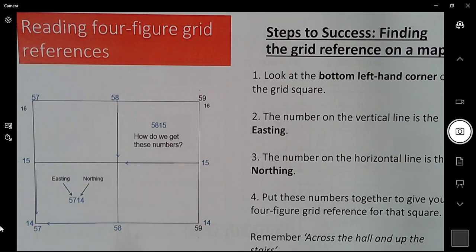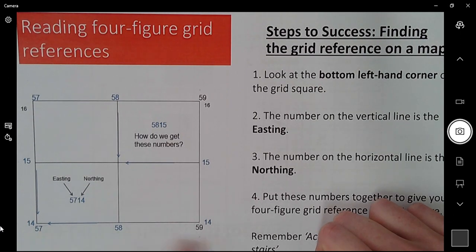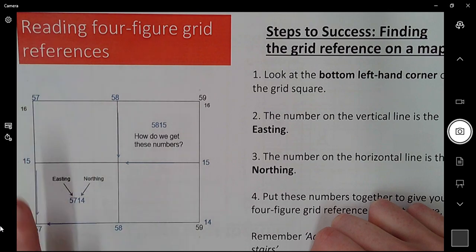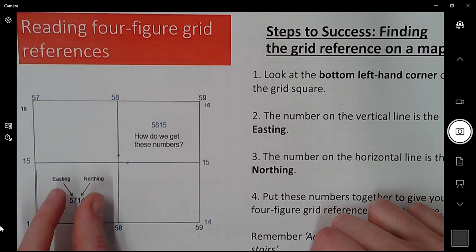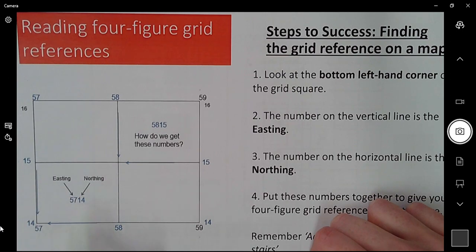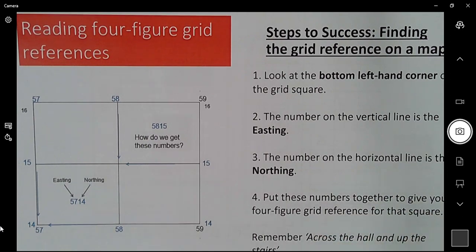Now an easier way of thinking of that is to think of a compass. So easting is going this way because it's going east. Northing is going up like on a compass because it's going up. So this grid reference, this square, would be 5714 because you're on 57 and you're on 14.